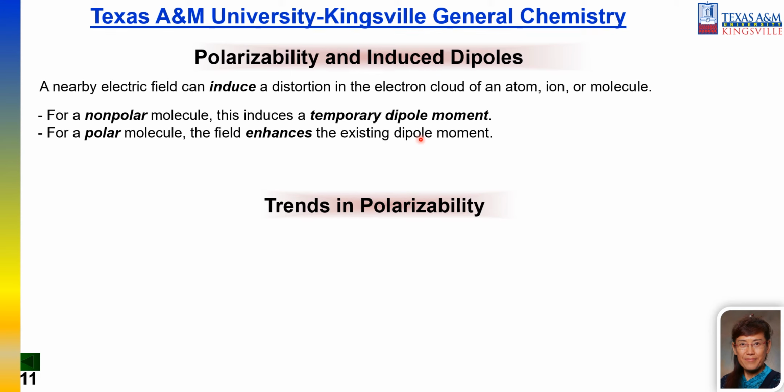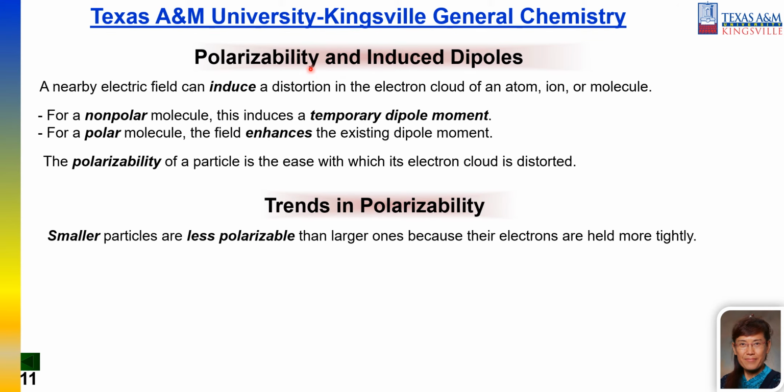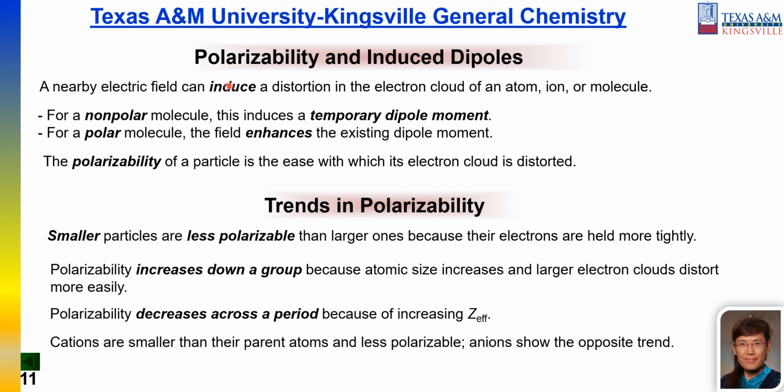And then for your molecules, if they are polar molecules, they are going to induce another non-polar molecule, resulting in distortion. Therefore, we need to know polarizability and the induced dipole. A nearby electrical field can induce a distortion in the electron cloud of an atom, or of your ions, or of your molecule.